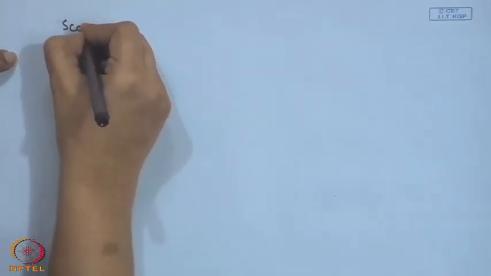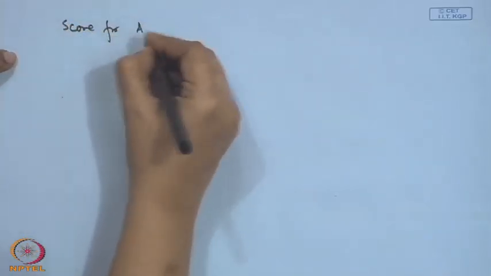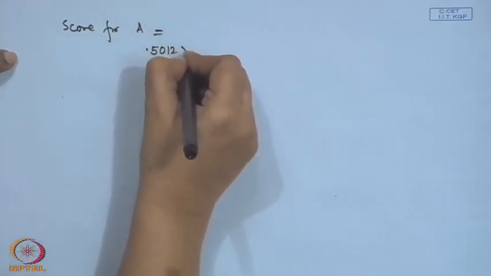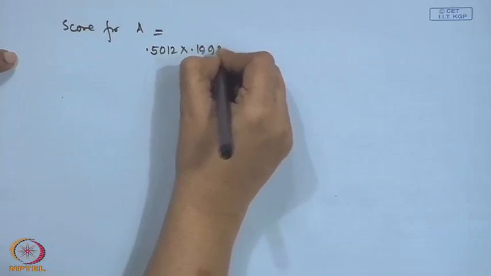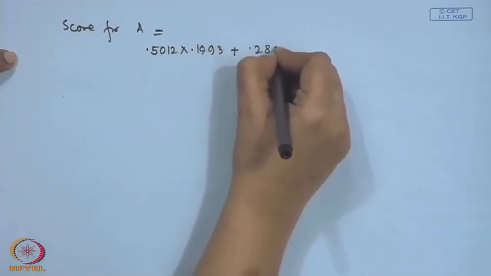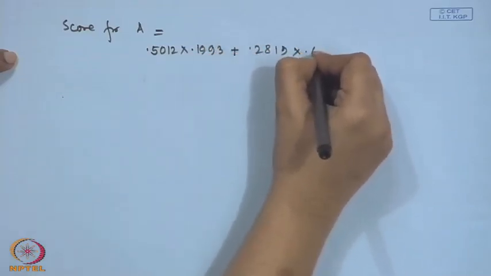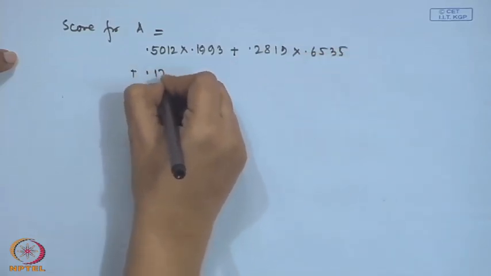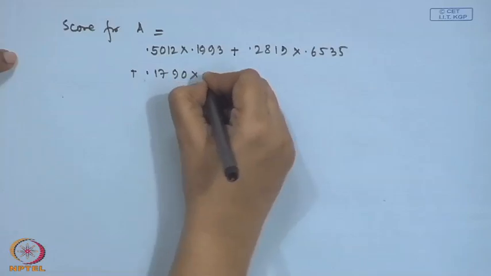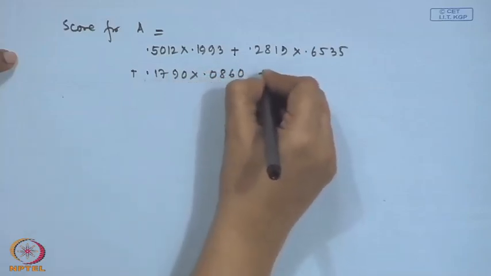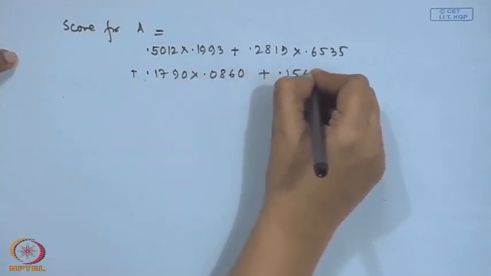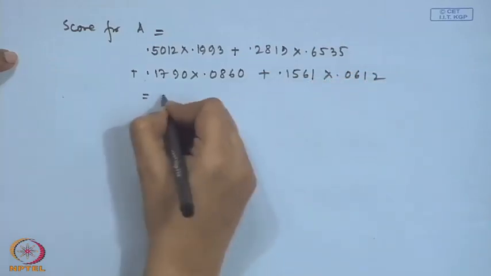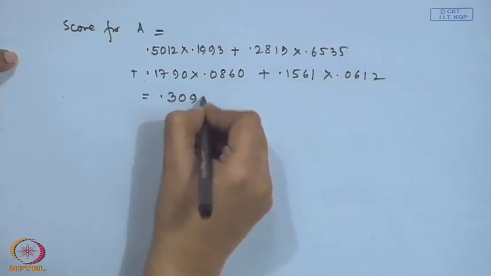The score for A would be 0.5012 into 0.1993 plus 0.2819 into 0.6535 plus 0.1790 into 0.0860 plus 0.1561 into 0.0612, equal to 0.3091.